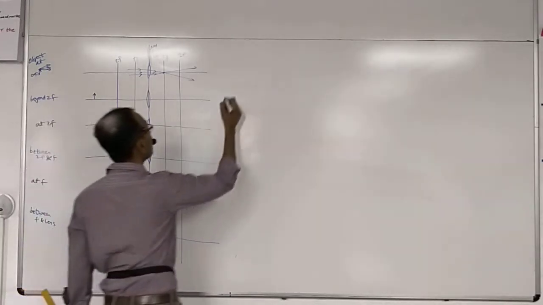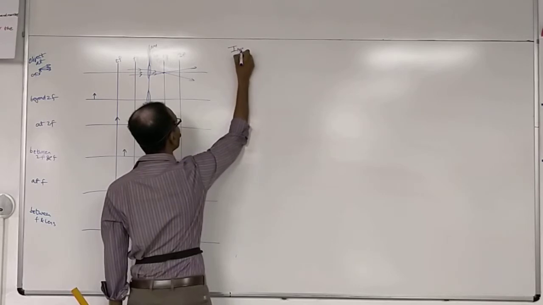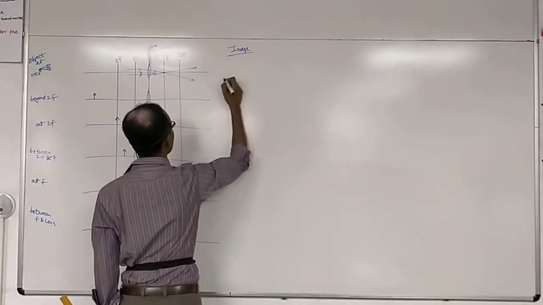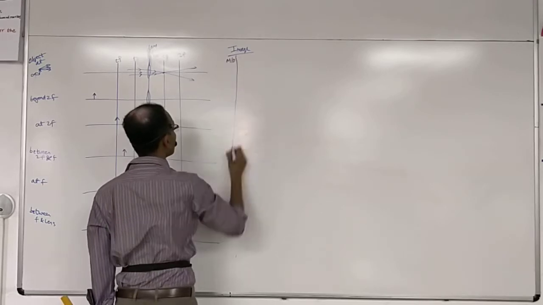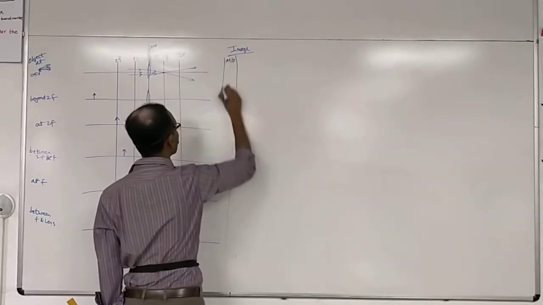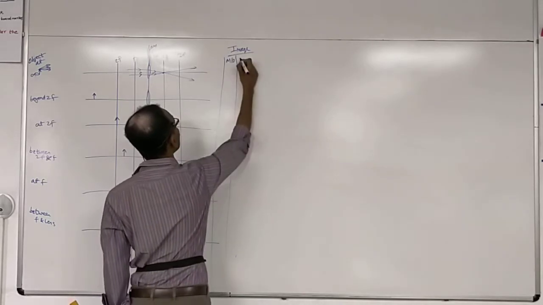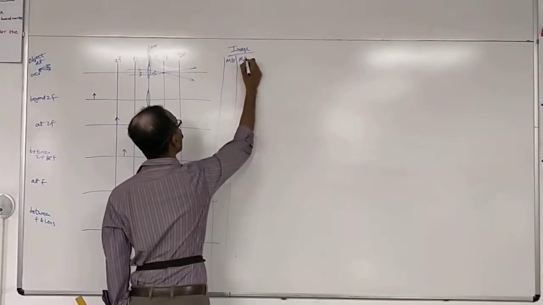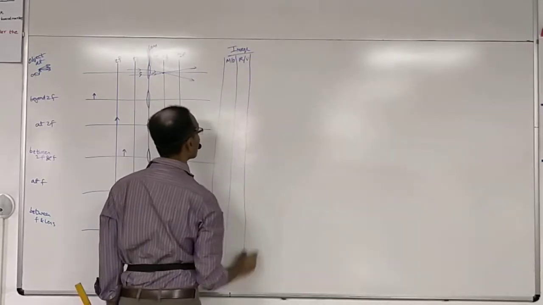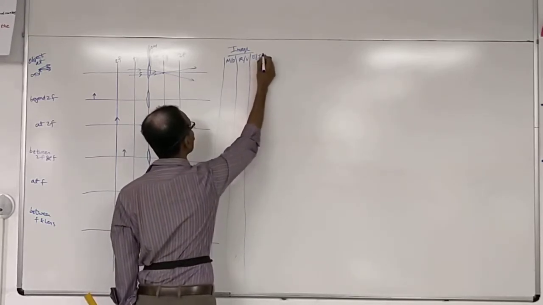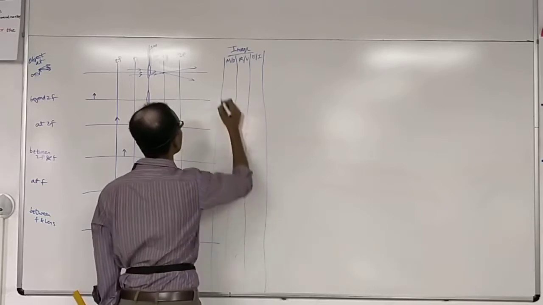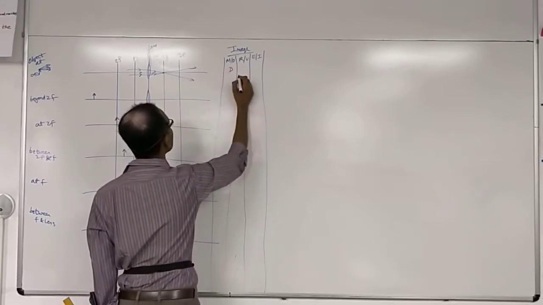So what is the nature of the image? Is it magnified or diminished? Is it real or virtual? Is it erect or inverted? In this case it is point sized.